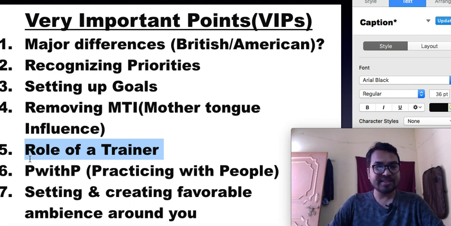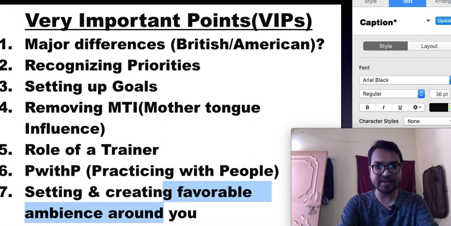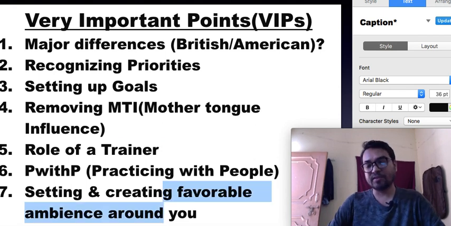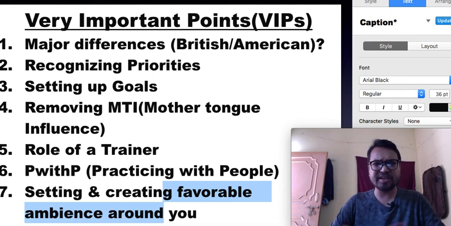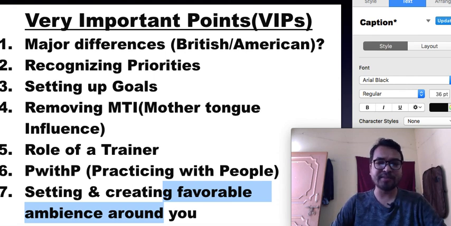And number 7, setting and creating a favorable ambience around you. In this point, what is suggested is that you create a favorable ambience around you. This can be through various mediums, like watching English movies and observing how they pronounce certain words, how they speak, and what their ways are of saying the dialogue in the movie.